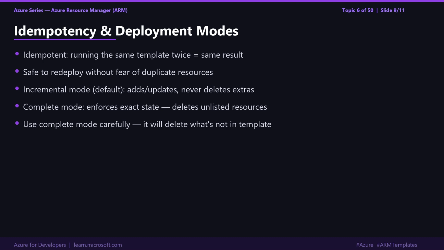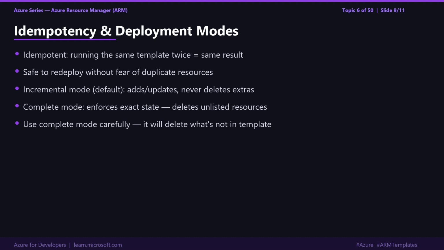Deployment modes control what ARM does with resources that exist in the resource group but are not in your template. Incremental mode, which is the default, will only add new resources or update existing ones to match the template. Resources in the resource group that are not in the template are left completely untouched. Complete mode enforces the exact state described in the template.